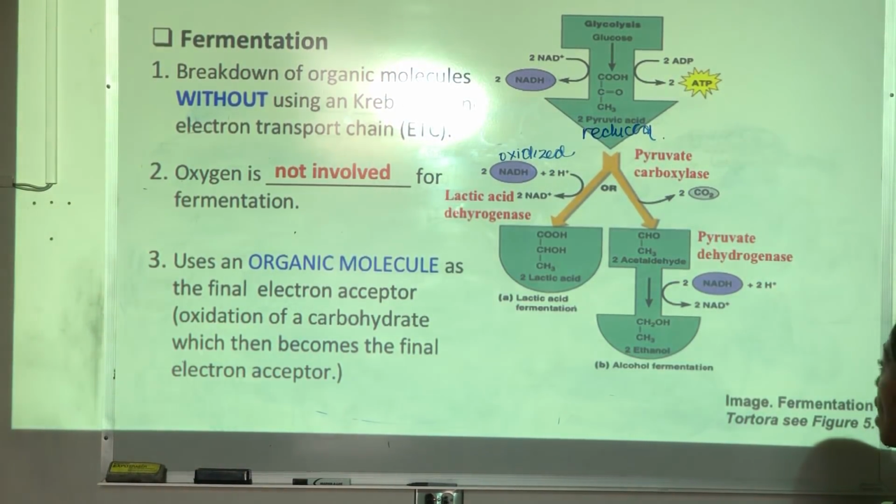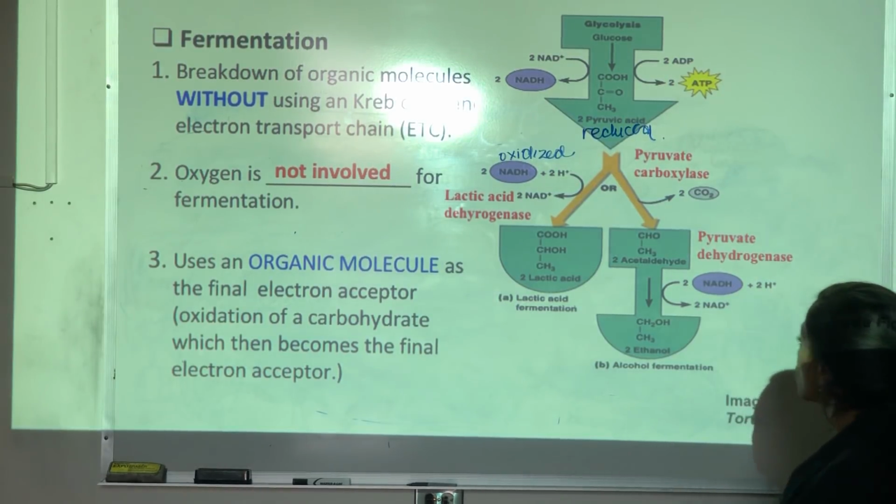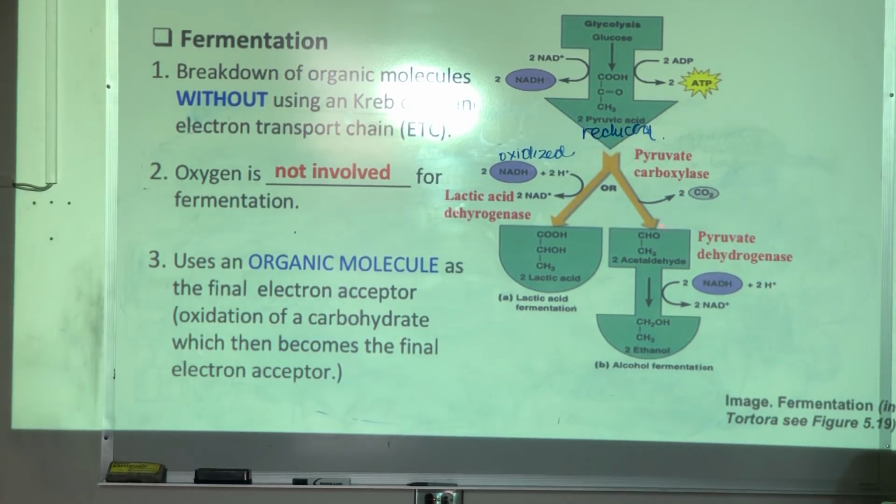pyruvic dehydrogenase, all right? We see NAD and NADH again. So what happens, if you look at acetaldehyde, if you look at the first carbon, we only see one hydrogen. But when we make alcohol, we see two more added, right? So there's three altogether, versus only one hydrogen.